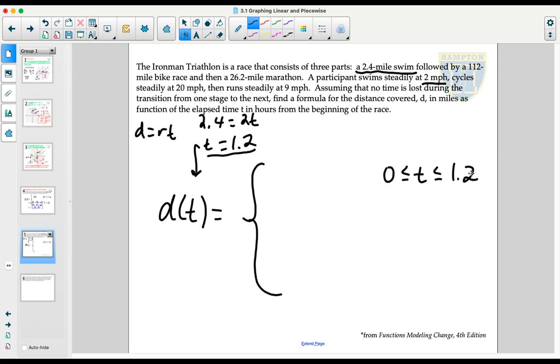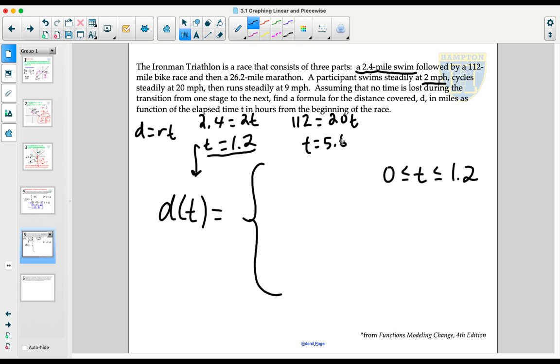The second section is the person participating in the bike race. Same exact logic. We want to determine how long it's going to take for them to finish the bike race. Dividing 112 by 20 gives us that it'll take the person approximately 5.6 hours to finish. But that 5.6 hours doesn't start until the swimming section is done.